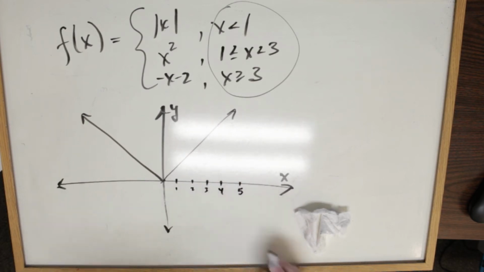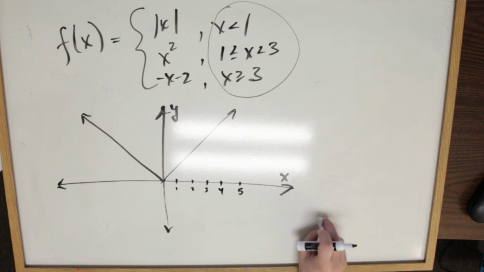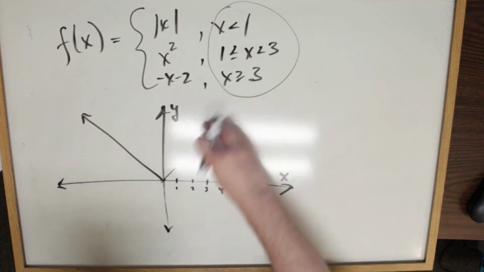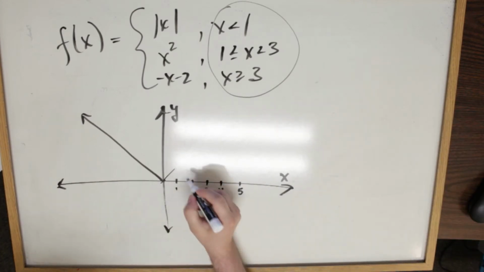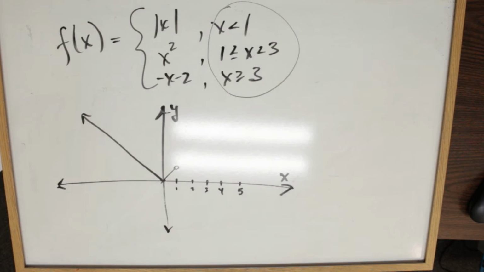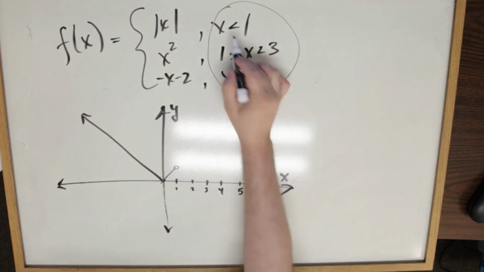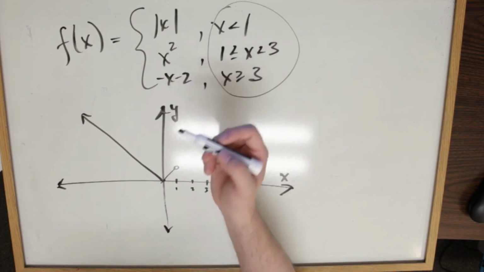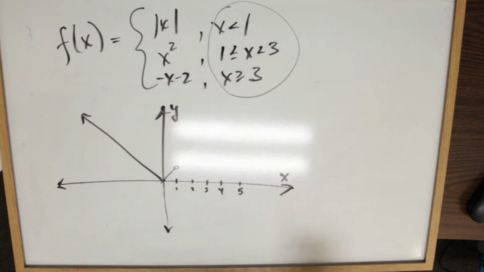I don't know if you can even see that, but what that's saying is to cut it off at 1, and we're going to leave it with an open circle. It's an open circle because it's less than. If it was less than or equal to, in fact, the next equation is going to be that, we would have a closed circle or filled in circle.